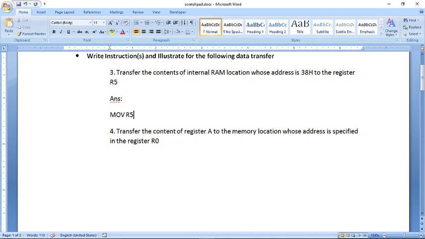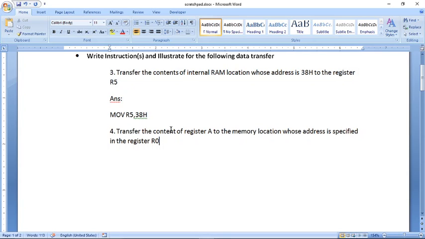So the destination is the R5 register, and the source is the memory location whose address is 38H. So the instruction is MOV R5, 38H. This instruction will copy the data present in the memory location whose address is 38H into R5.